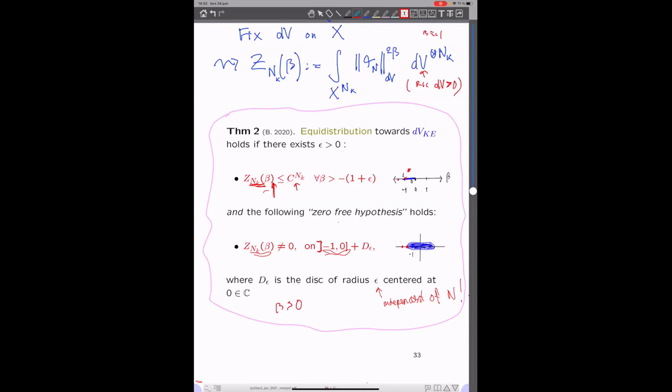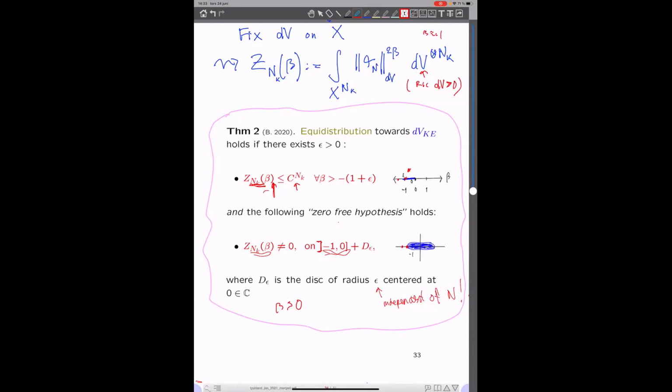this zeta function is finite for beta, not only beta equal to -1, but I want to go slightly below -1 with some epsilon. And I not only assume that the normalizing constant is finite, I also assume that it grows multiplicatively with respect to n.